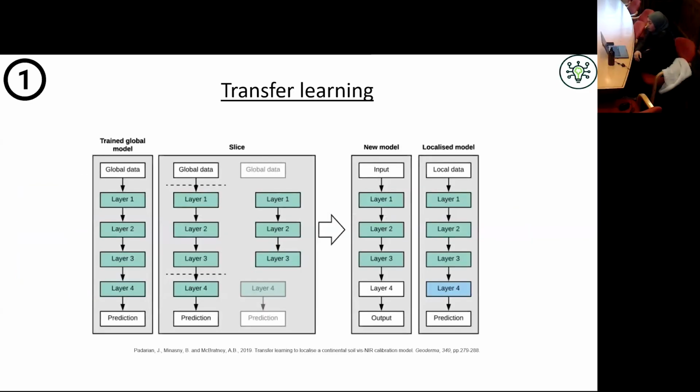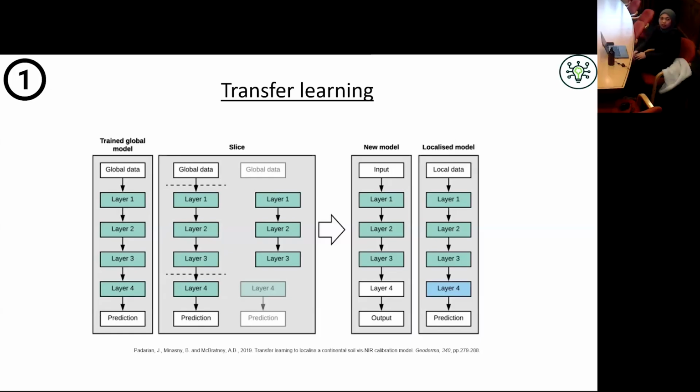And since we have the Australian dataset, we thought to take an additional approach when using it for the Tasmanian predictions. There is one method called transfer learning.